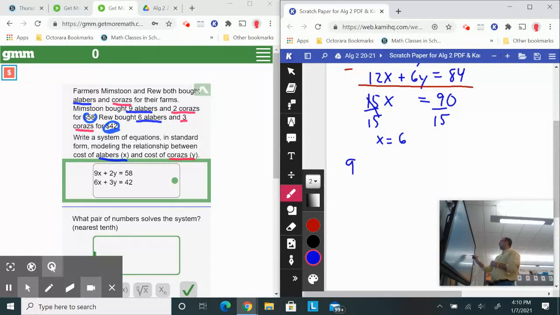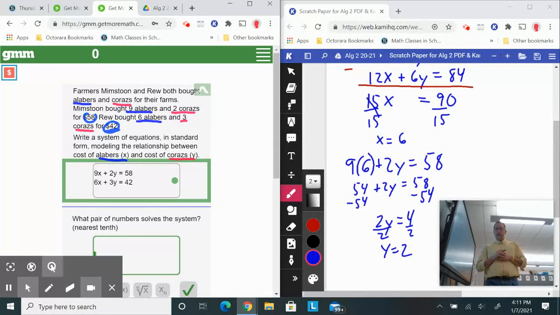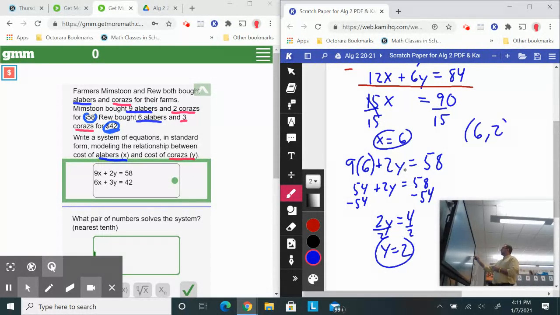So I replace the x with the 6, and I rewrite that first equation. Now all I've got to do is solve this for y. Okay, when I solved it for y, I ended up with y equals 2. So I have x equals 6, y equals 2, which is my ordered pair of (6, 2).